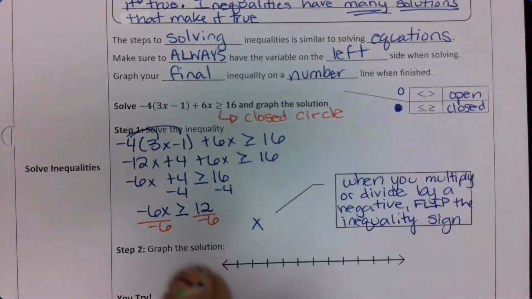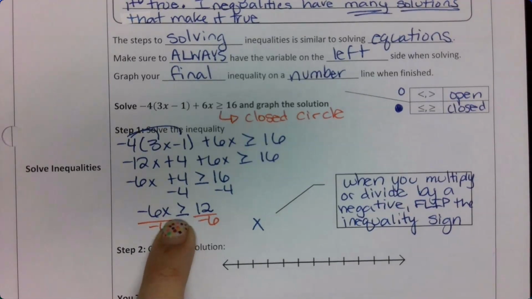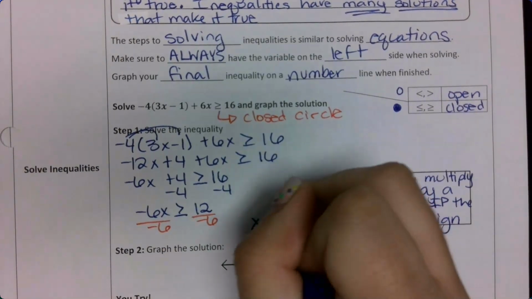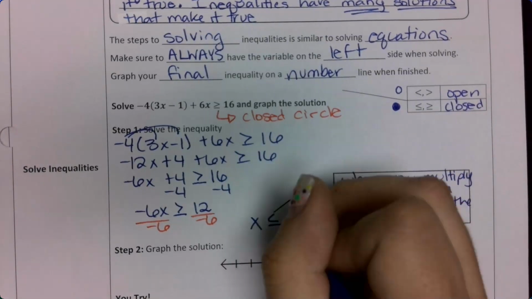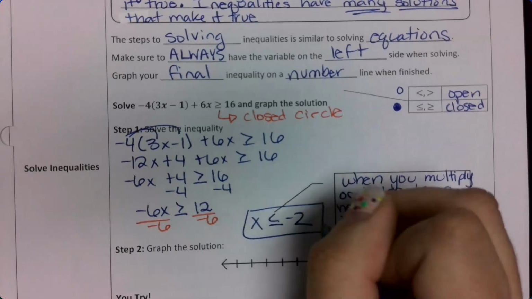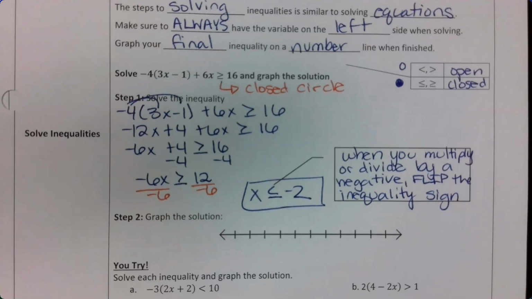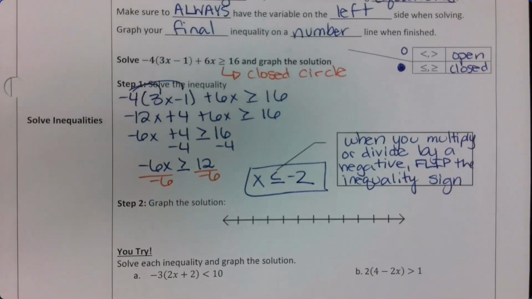So instead of being a greater than or equal to, it's going to turn into a less than or equal to, and then 12 divided by negative 6. Okay, so that's my inequality. It's a less than or equal to.